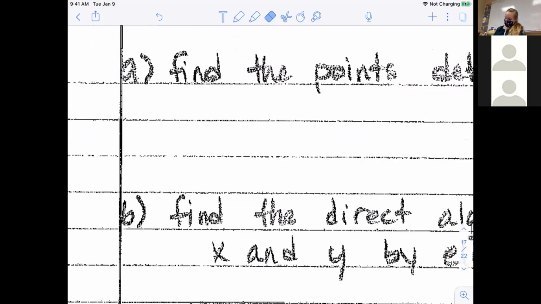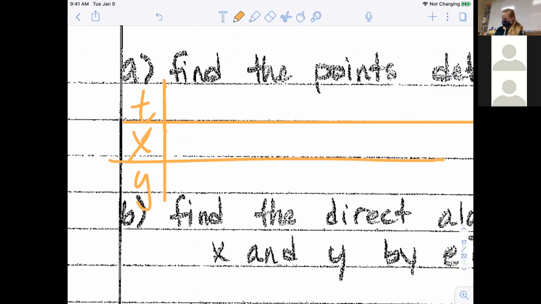I'm going to have t, I'm going to have x, and I have y, and they're going to be little rows, because they're sideways. So I've got rows, and I'm going to label all my t's as -3 to +3. So all of these should be labeled.